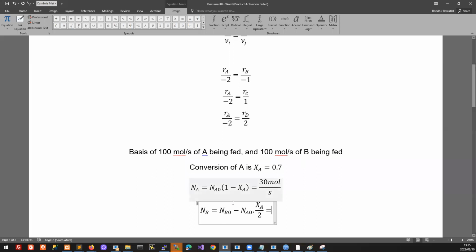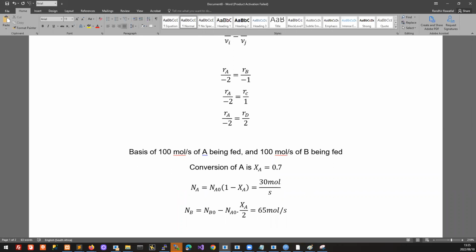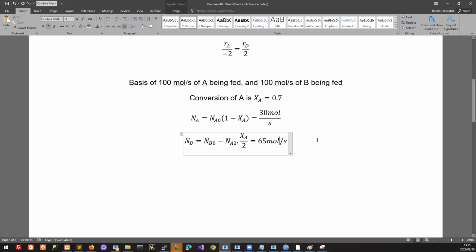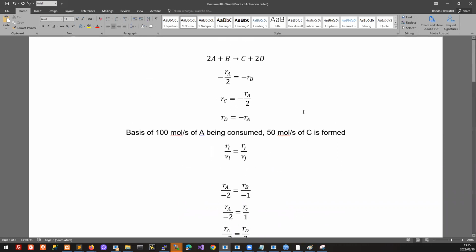So NB naught is 100, NA naught times XA we said was 70, divided by 2 is 35. So what's left over is 65 moles per second. So that's NB. And then for component C, let's assume that we are not feeding components C and D into the reactor.